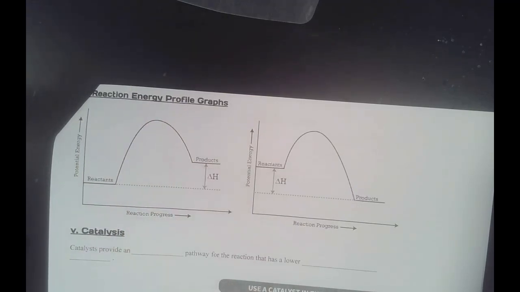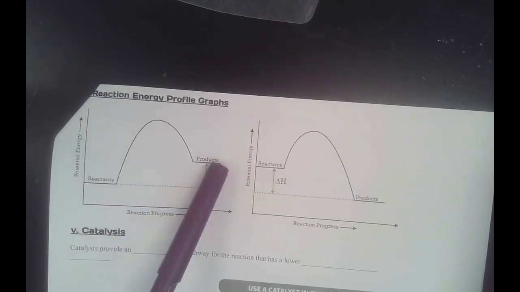And sometimes they absorb energy and sometimes they release energy, and then that determines if you get an endo or exothermic reaction. So these graphs also help us look at what our reactants and products are doing, and then tell us how much energy is being used and if we have an endo or exothermic reaction.